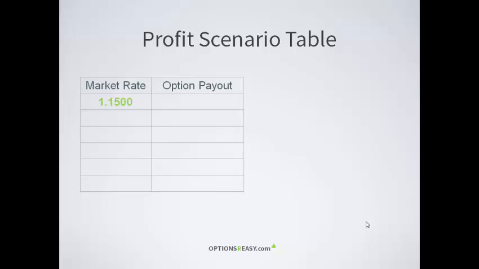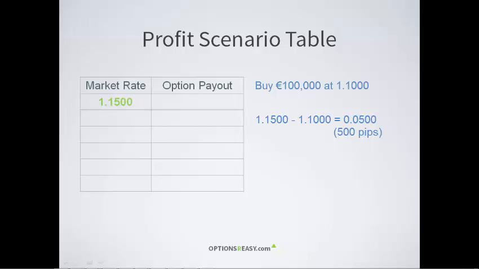But how much would the option pay out? Well, remember that through our option we can buy 100,000 at 1.10. This gives us a 500 pip advantage over the 1.15 market rate. So in pip terms, we're 500 pips in profit.